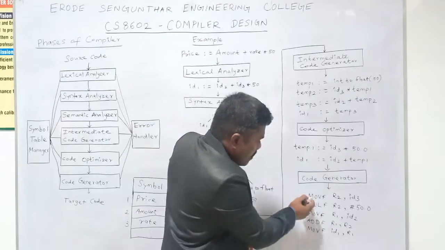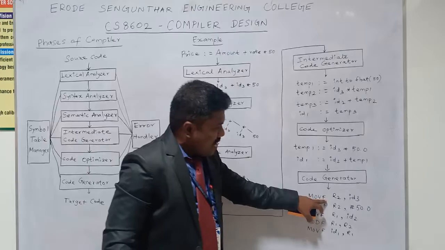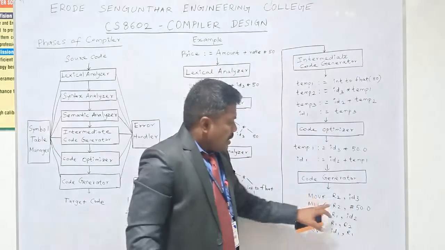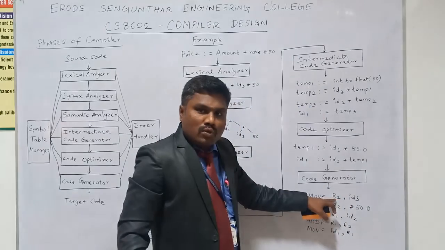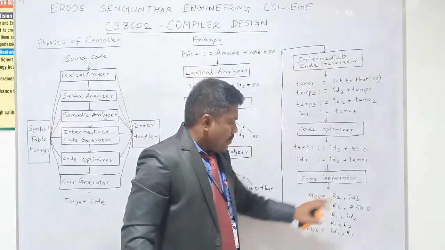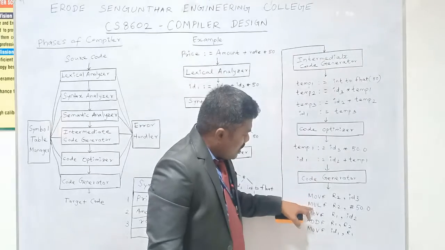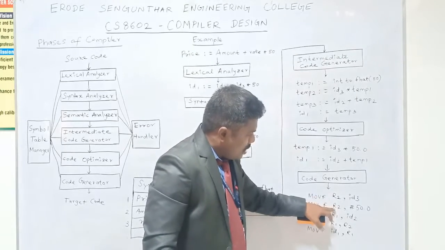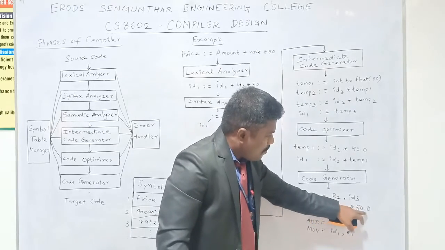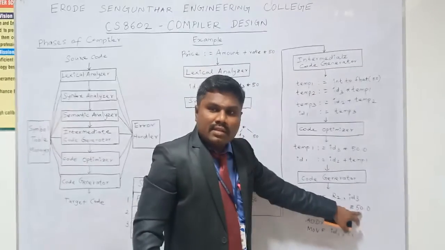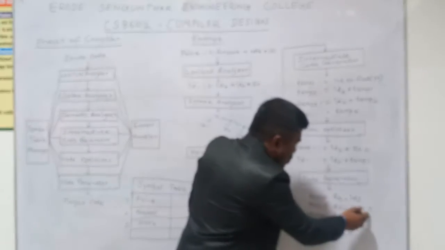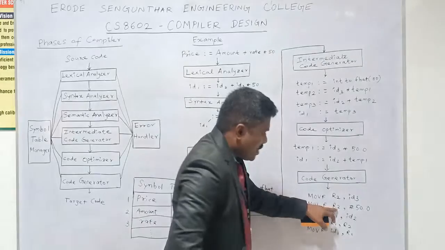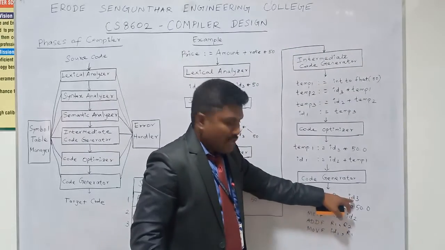Now, move float value from id3 to r2, a general purpose register. Here id3 value is moved to r2, and then what we are doing is multiplication: float r2 value multiplied with 50.0 after taking typecasting. 50.0 is multiplied with r2 value. Already r2 has the id3 value.